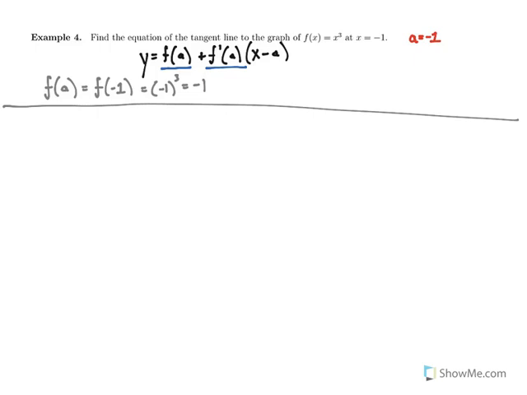And again, we have to use our limit definition of the derivative. So f prime of negative 1 is going to be equal to the limit as h approaches 0 of f of negative 1 plus h minus f of negative 1 all over h.